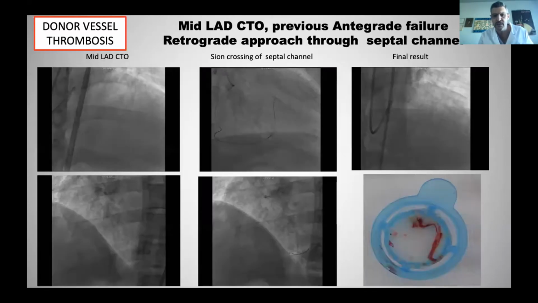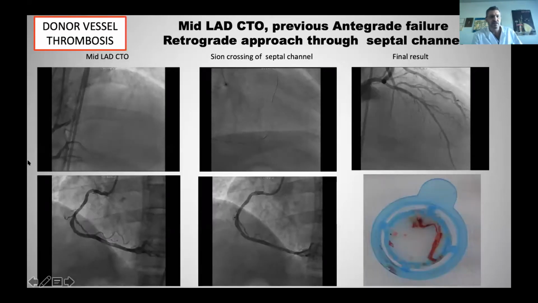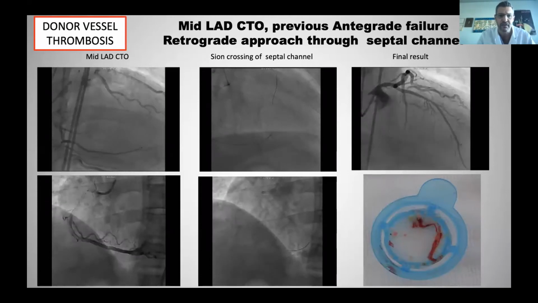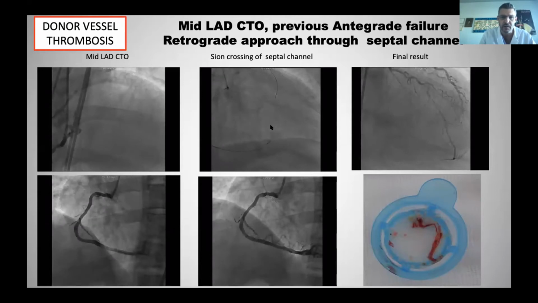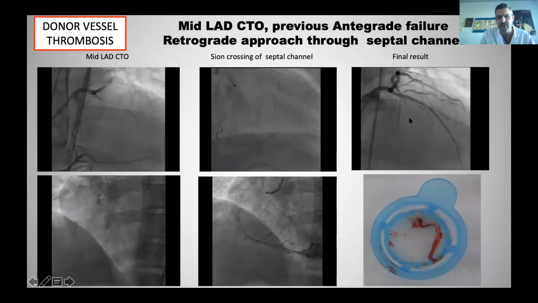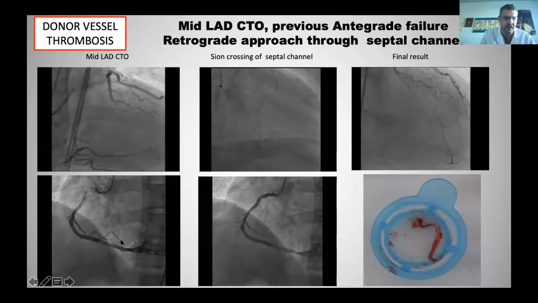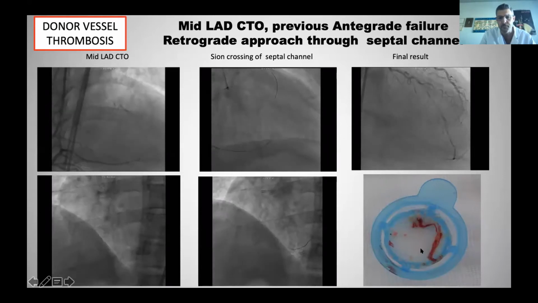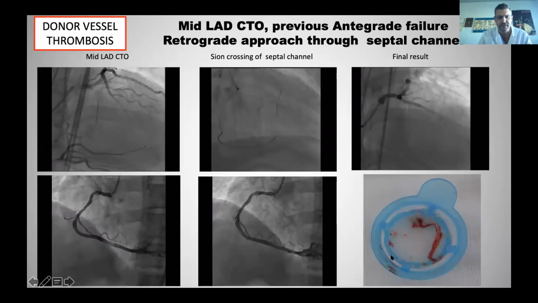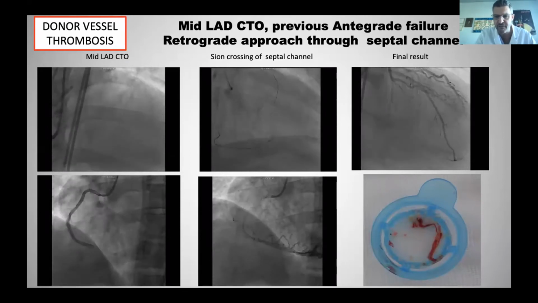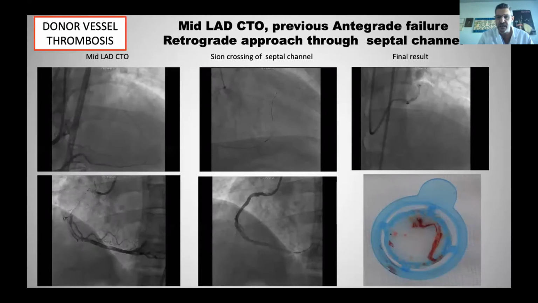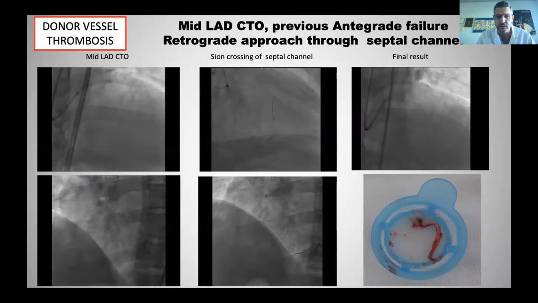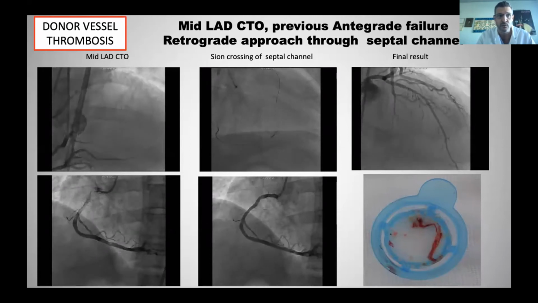In the same way, another dramatic complication that can occur during retrograde CTO PCI is thrombosis of the donor vessel. As you can appreciate, after retrograde LAD recanalization, we noticed a big thrombus in the mid-distal part of the RCA. So it's very important during CTO PCI to check for the right value of the ACT. In case of the antegrade approach, you should check every 30 minutes in order to have an ACT of more than 250.